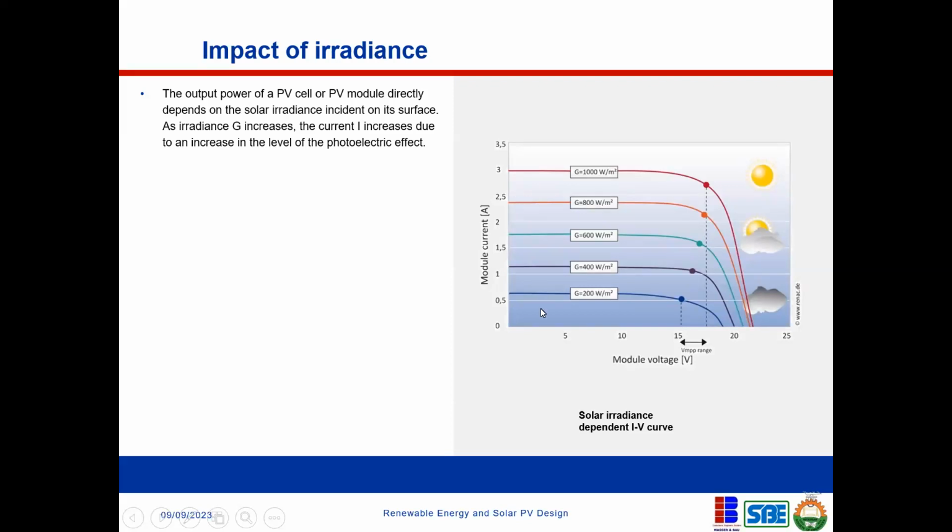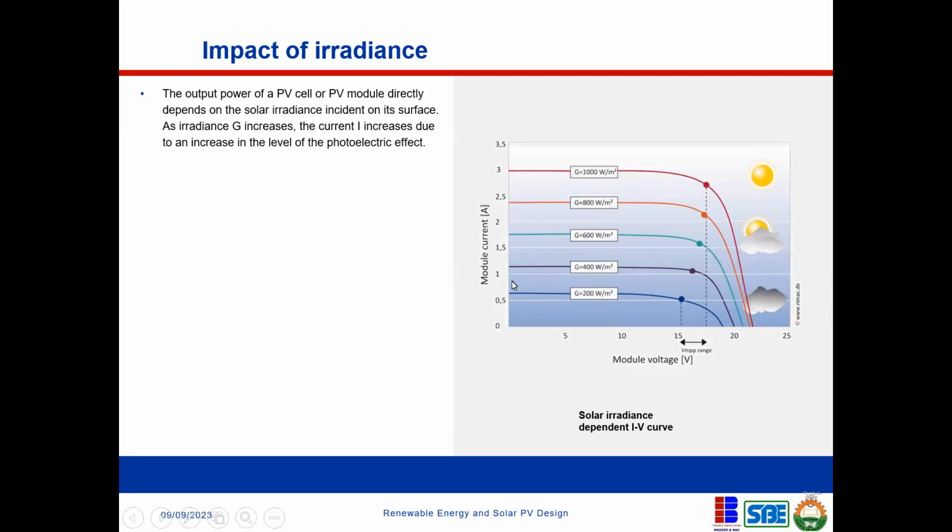Now remember when I said that once the sun comes out, the voltage, now this is the voltage line, the voltage is relatively or fairly constant. Okay, this is irradiance, not temperature. Now the irradiance is at 200 watts per meter square, and it has moved from 200 to 1000 watts per meter square.